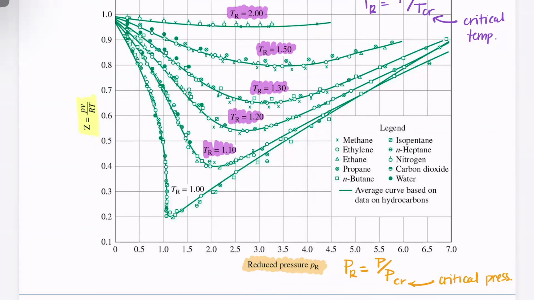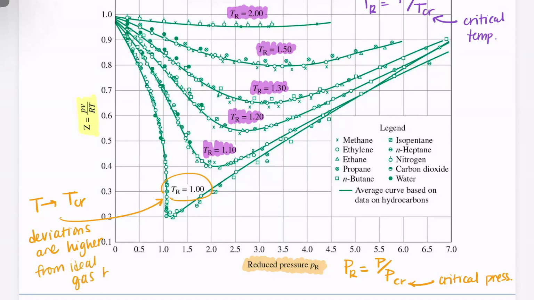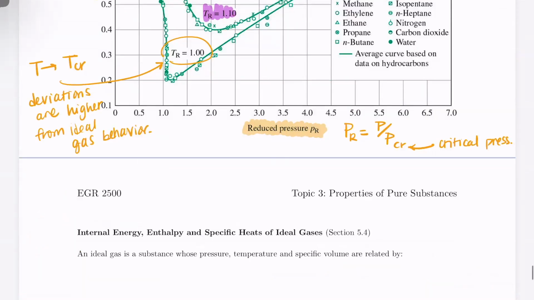So as T gets close to critical temperature, deviations are the most.